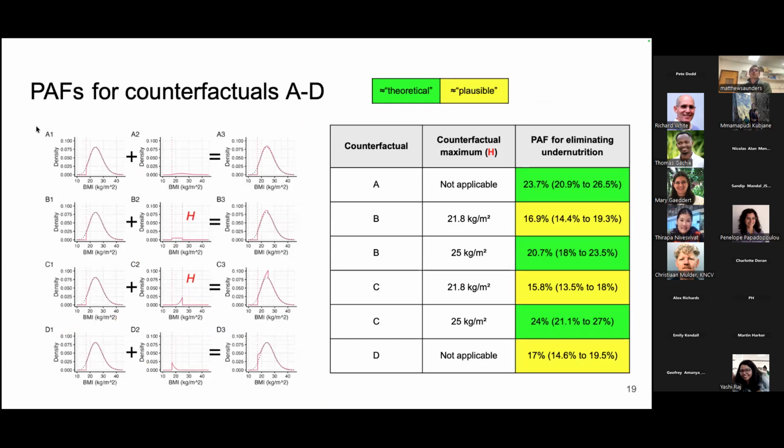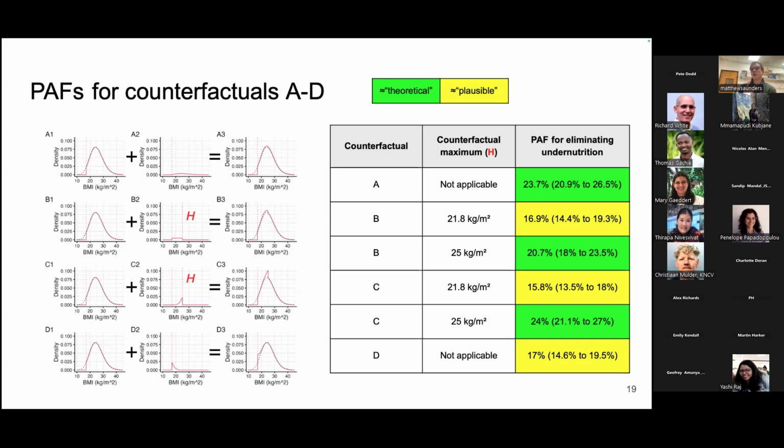So if we look at the results, here you can basically see in the table what we have termed the PAF, because it is functionally equivalent to a PAF in these different intervention scenarios. And basically, overall, the PAFs range between 16 to 24%, so up to a quarter of TB attributable or could be averted by eliminating undernutrition.